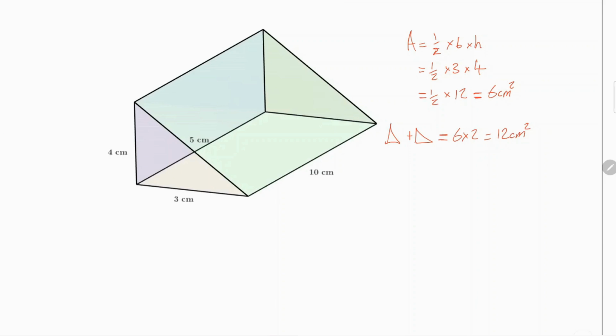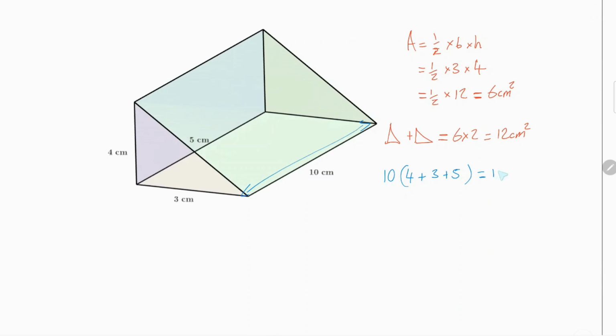Okay, now in order to find the area of the three rectangles, I'm just going to add the sides of the triangles. So let's do that now. Sides of the triangle are 4 plus 3 plus 5, and then times it by the length of the prism, which is 10. So 4 plus 3 plus 5 is 12.